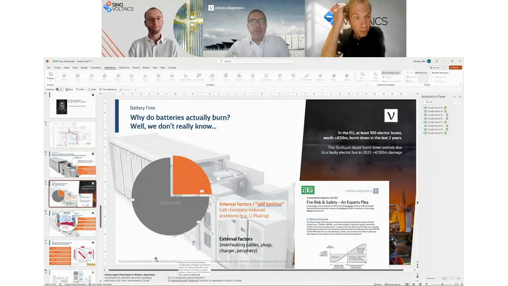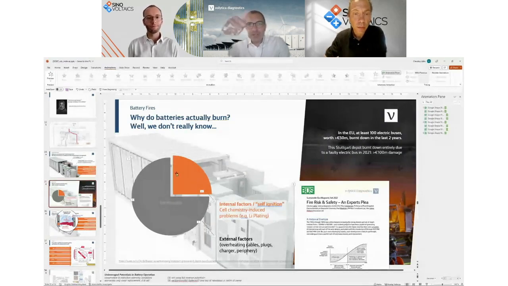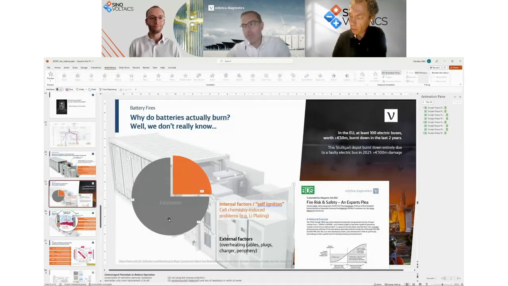Yeah, I avoided putting numbers here because it's just an estimation, because there is unfortunately not so much transparency out there. But the most LFP fires that we have seen, and they are still very rare, are not caused by plating. But there are counterexamples.